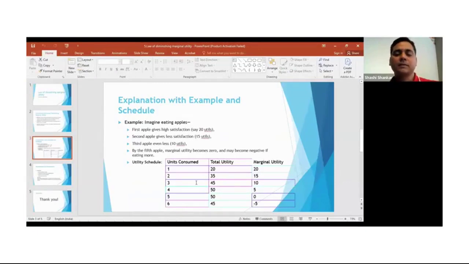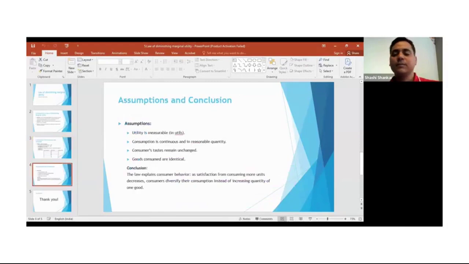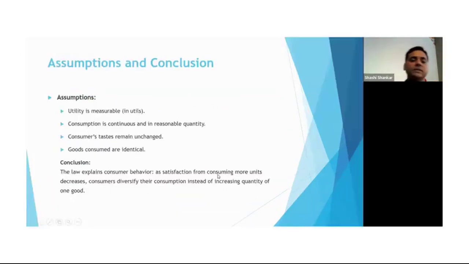These are the assumptions required to understand the law. So utility is measurable. If it is not, the law cannot be implemented, or it may not give a clear idea.